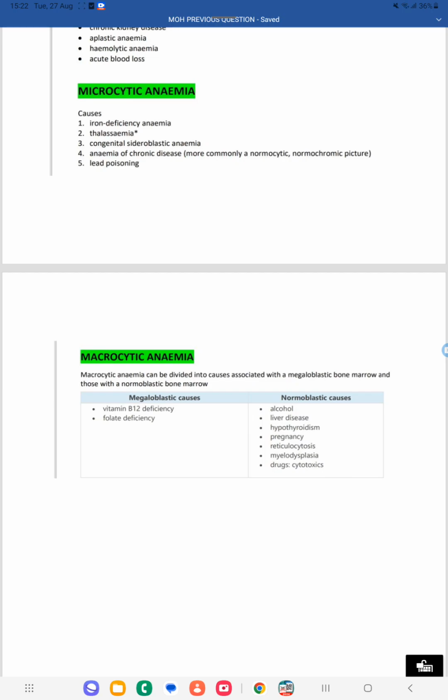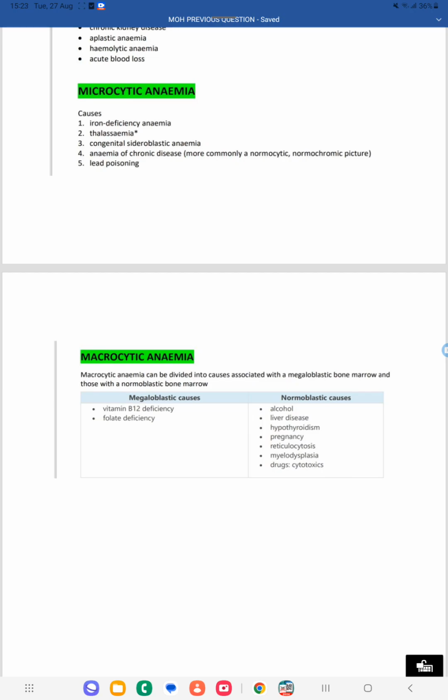Okay, normoblastic macrocytic anemia means MCV is more than 100, plus normoblasts, immature RBC cells, you can see in the blood circulation. Usually you can see it in alcohol, liver disease, hypothyroidism, pregnancy, reticulocytosis, myelodysplasia, and drugs like cytotoxic.